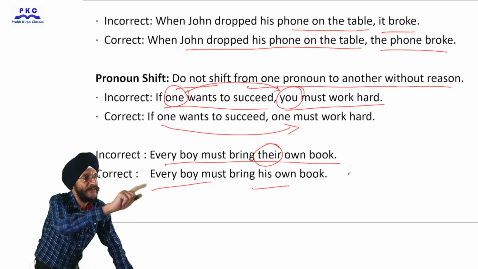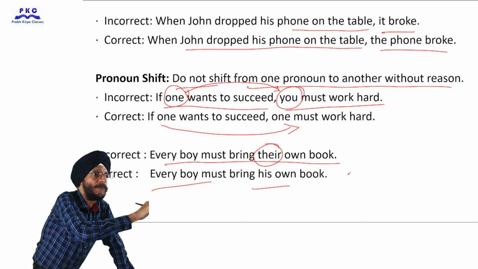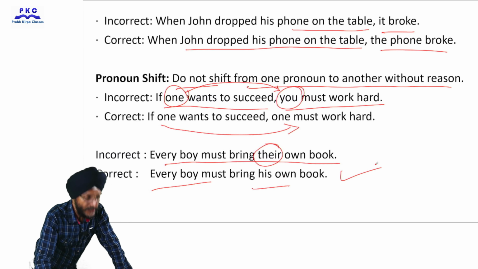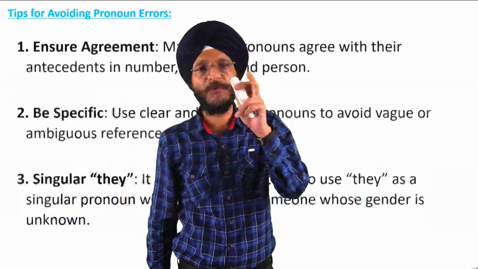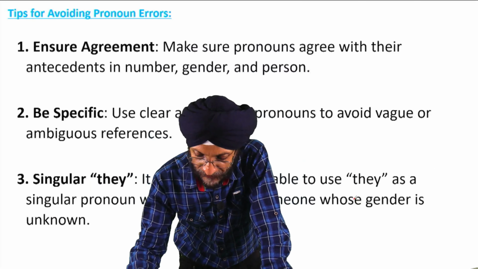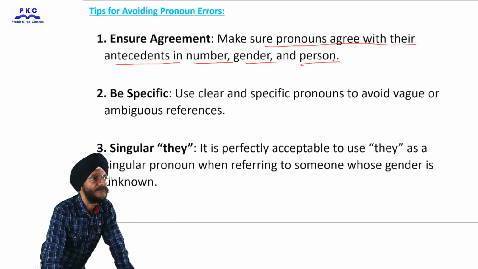We will not write "every boy must bring her book." No, "her" is to be used for a girl according to gender. So every boy must bring his own book. Next is tips for avoiding pronoun errors. First is ensure agreement. Make sure pronouns agree with their antecedents in number, gender, and person.